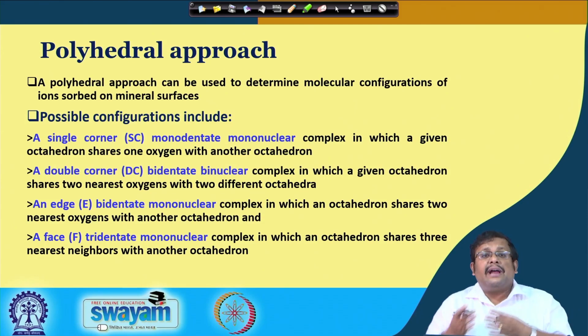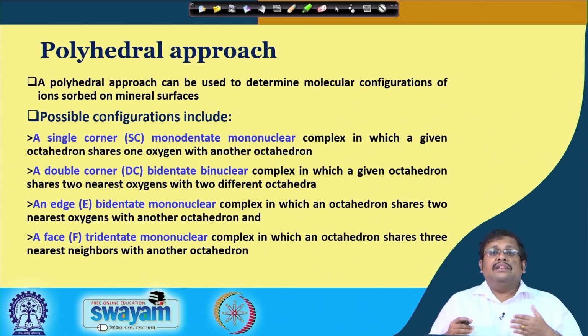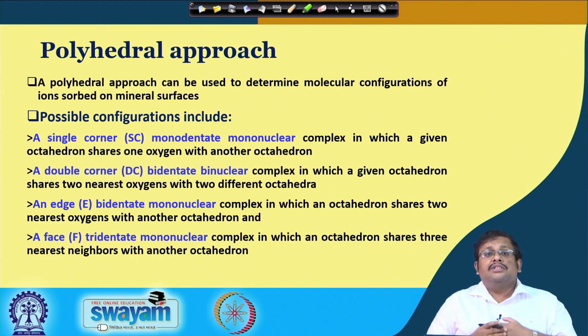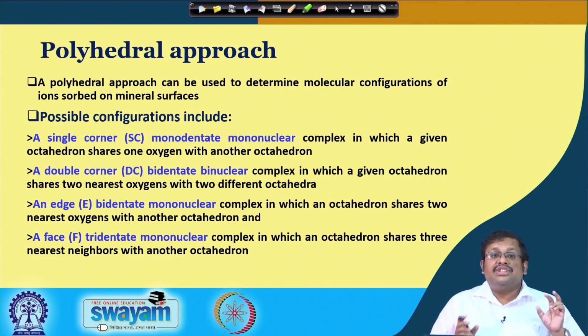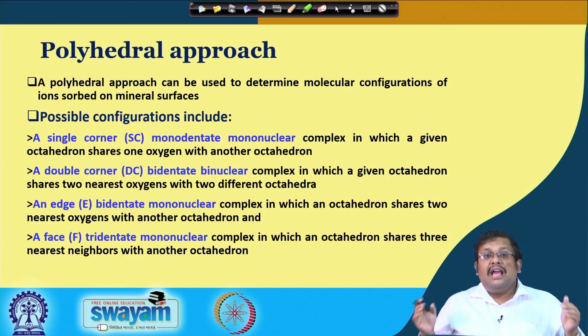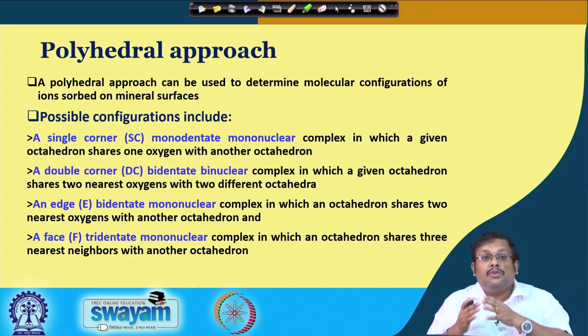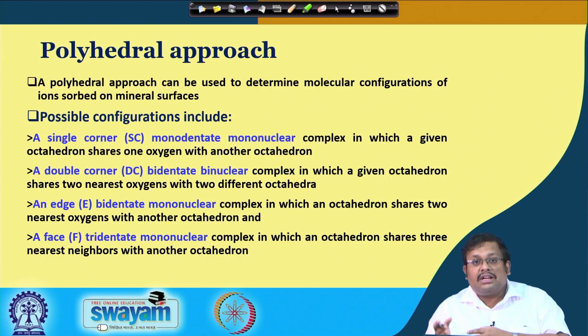Third is an edge bidentate mononuclear complex, in which an octahedron shares 2 nearest oxygen with another octahedron. So, it is bidentate because it is sharing 2 oxygen, and it is called edge because it shares 2 nearest oxygen with another octahedron.